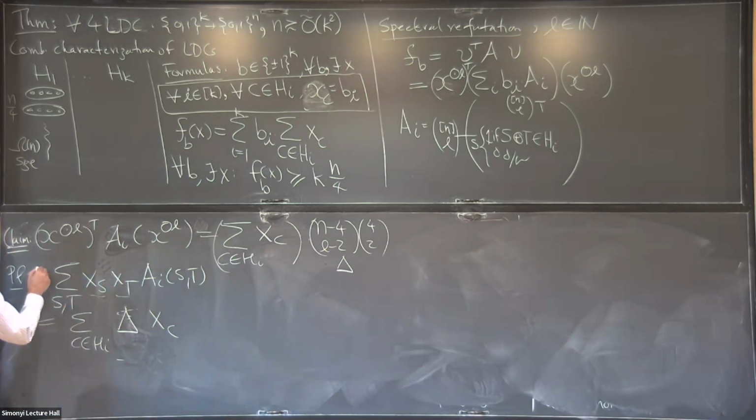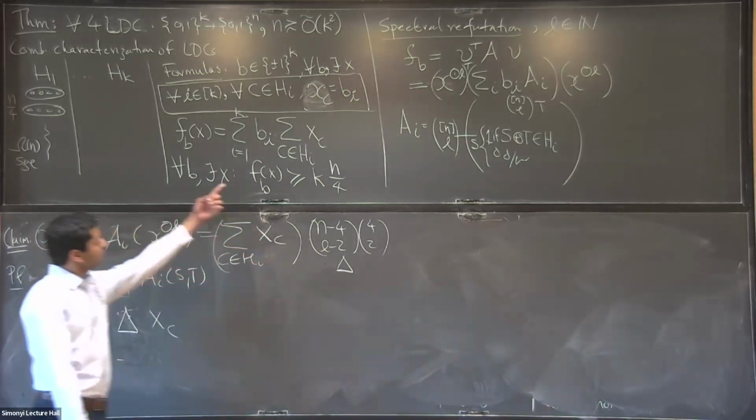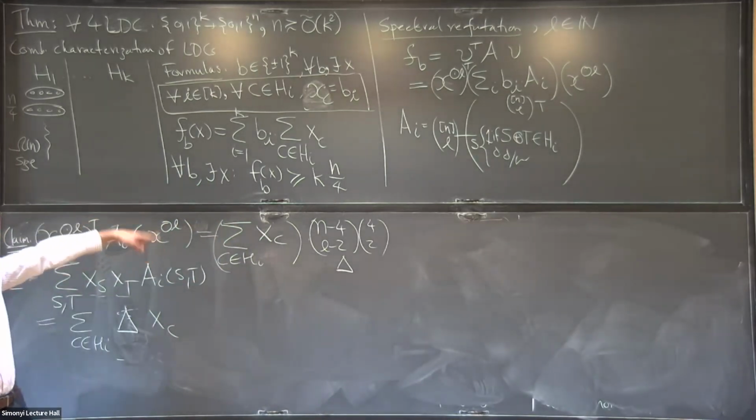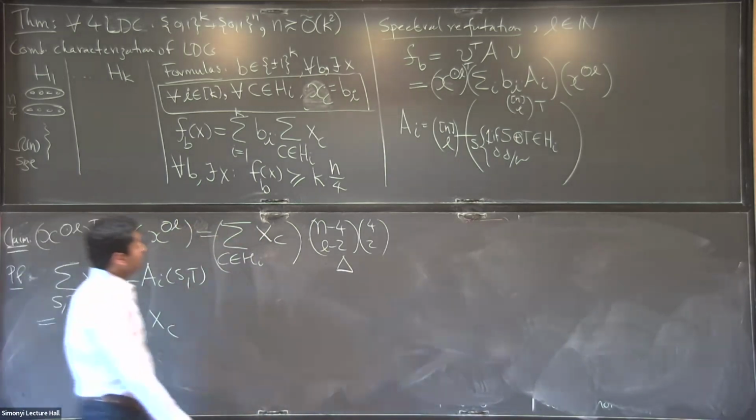If I sum, let me not be too stingy. You see that expression, up to this delta factor, shows why F_B is a quadratic form. Even though F_B is a quadratic polynomial, and even though formally the right-hand side is a degree 2L polynomial, the equality holds. So now what am I going to do?